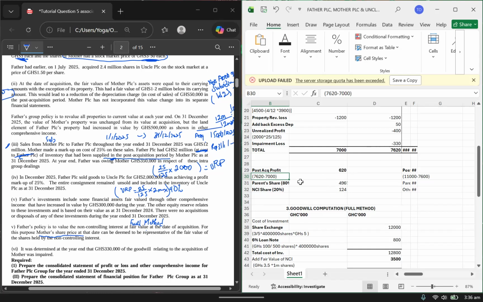You get the PAP. The parent share of it is 80%, and the NCI is 20% of it.